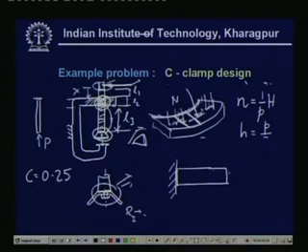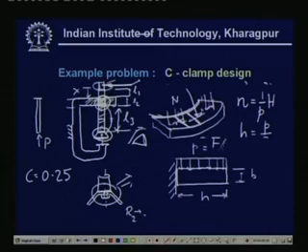So, therefore, this is a cantilever beam whose length is h and width is b, and it is subjected to uniform pressure, again P, which is equal to F by N. So, for this kind of force we shall have both the shear stress here and the bending stress.